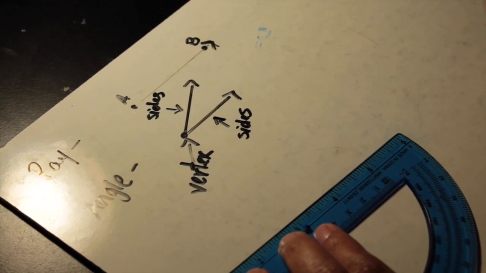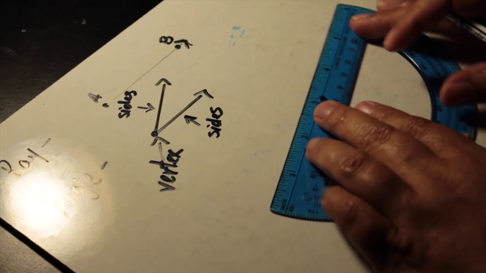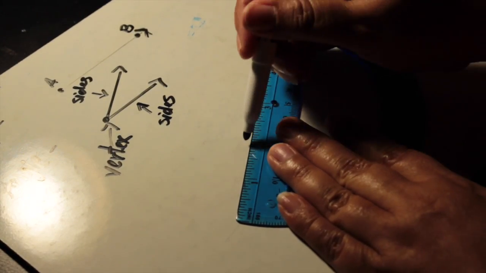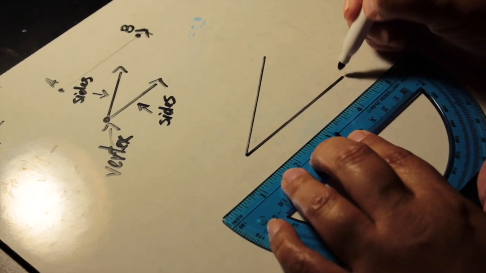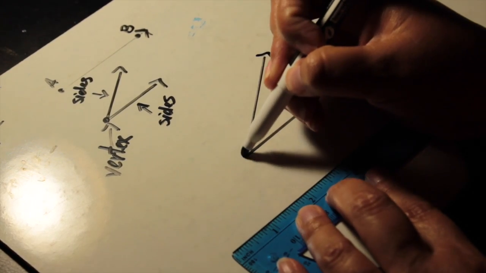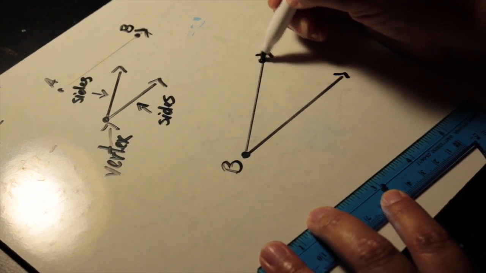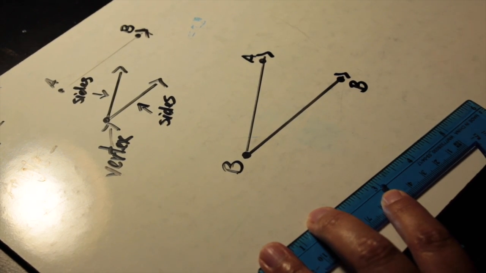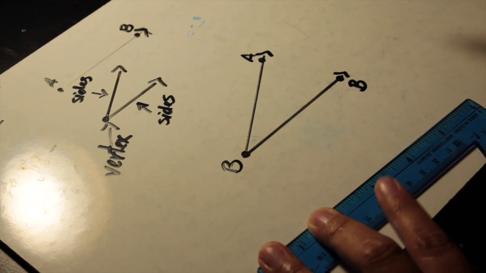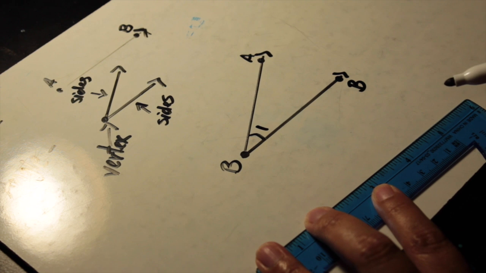Angles can be named in several different ways. Let's draw another angle up here so that you can see different ways to name an angle. I think most of you should know this already, but just in case, we'll review. Let's call this vertex B, and then ray A and ray C. This angle can be named three different ways.